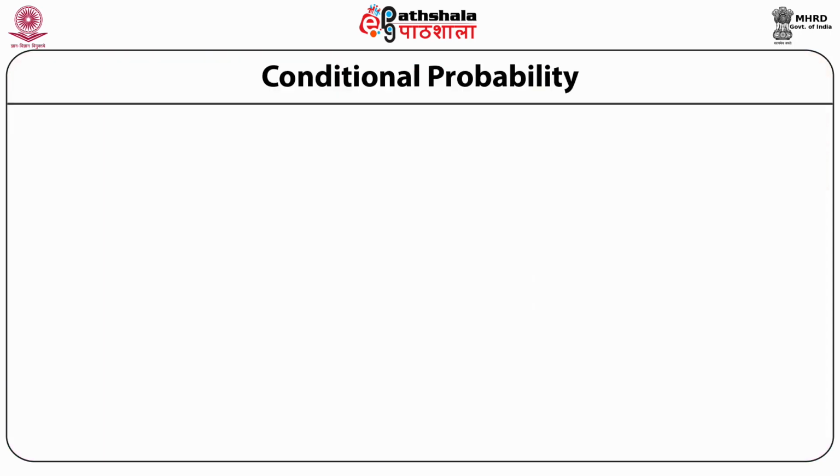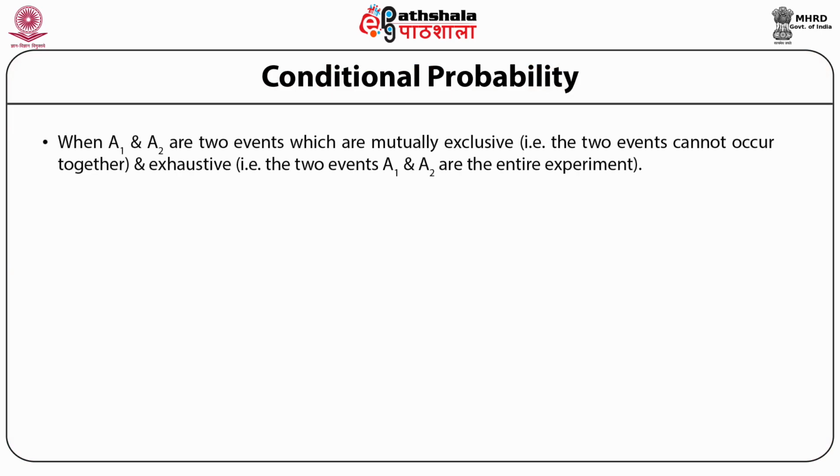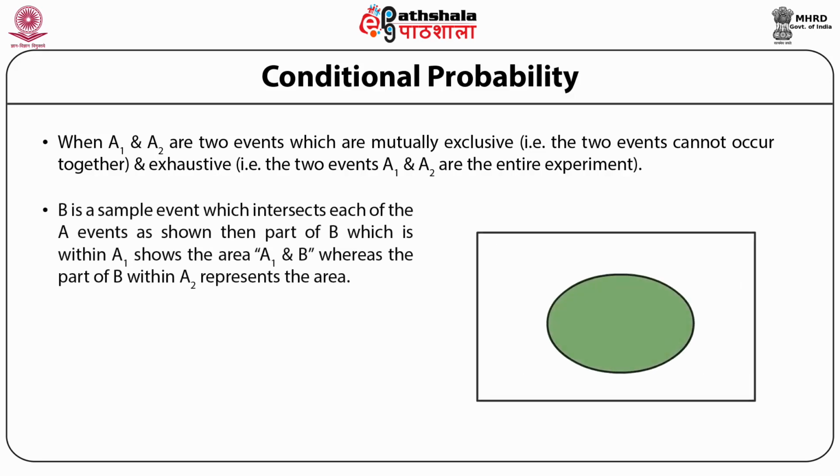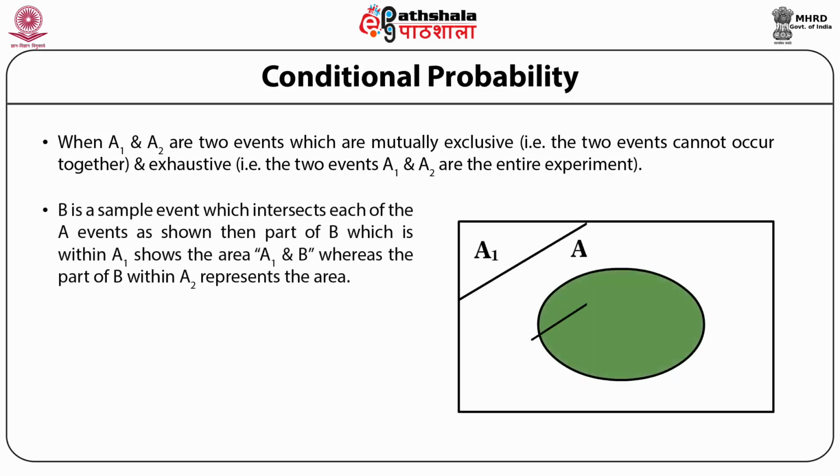Again, coming back to Bayes theorem, suppose A1 and A2 are two events which are mutually exclusive, meaning the two events cannot occur together, and exhaustive also. A1 and A2 make up the entire experiment. B is the sample point which intersects each of the A events as shown.